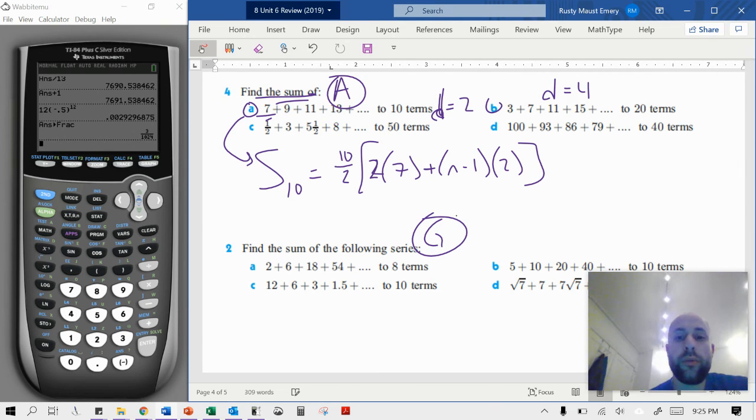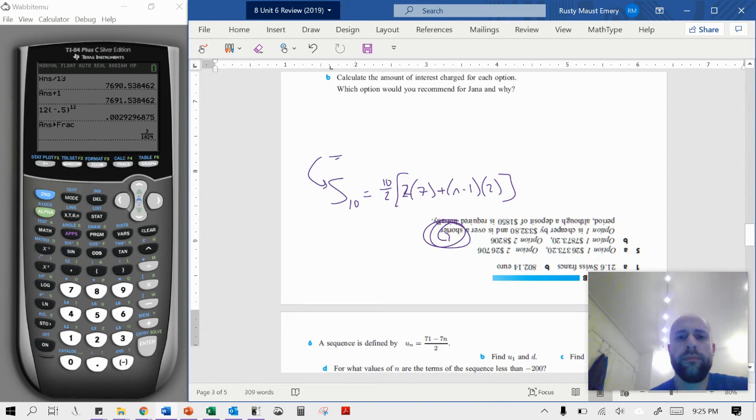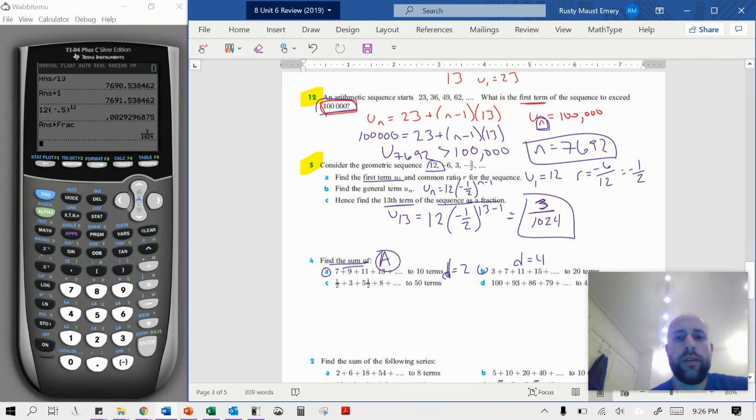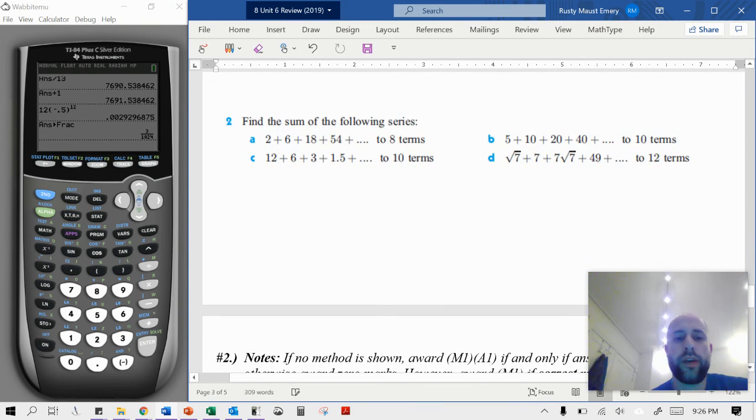For a geometric sequence, my ink doesn't like when I scroll so fast. So for a geometric, there it is. For a geometric sequence, my common ratio is 3.